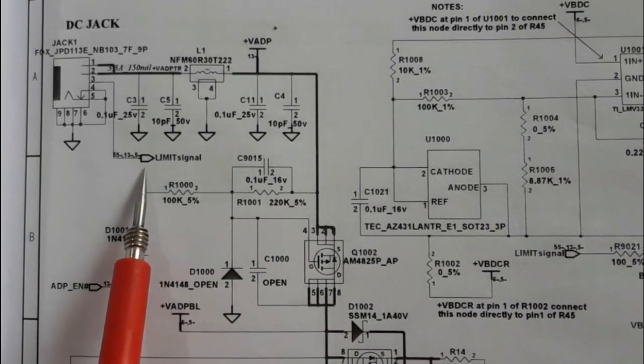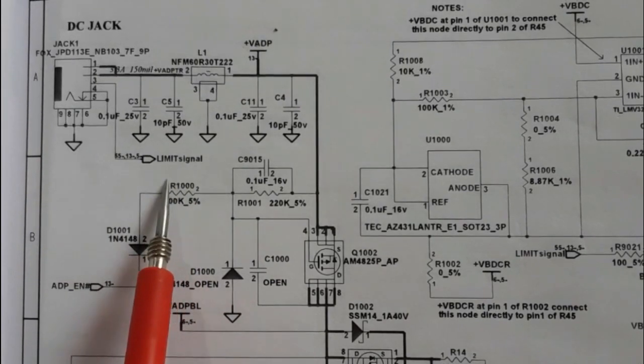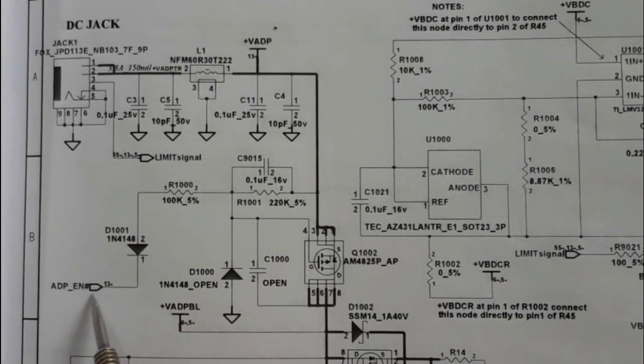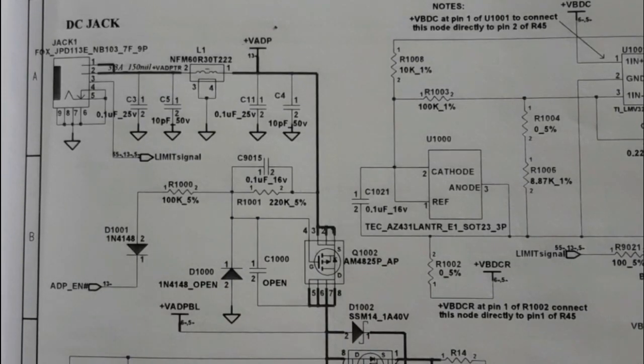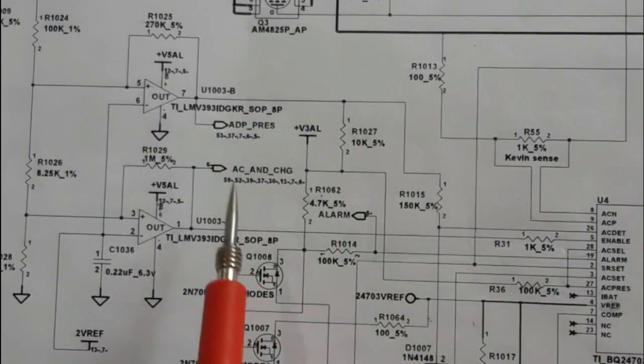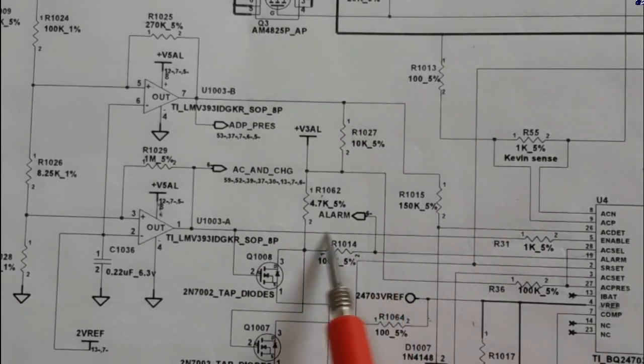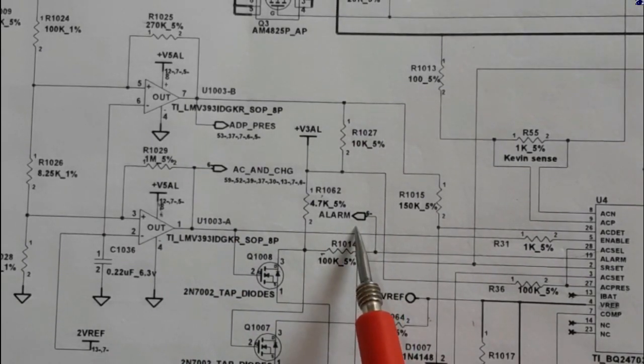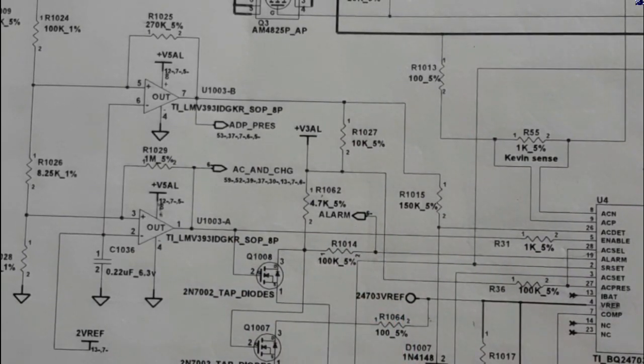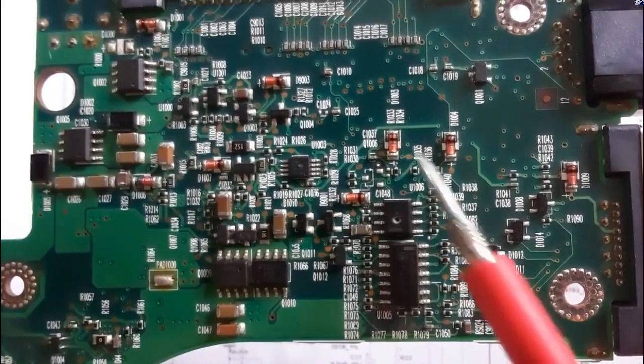Here, this mark means a signal, and this arrow means the direction of the signal. You will find some arrows from left to right and others from right to left. It means the direction of the signal from the IC to the control chip, or from the control chip to the IC, etc.